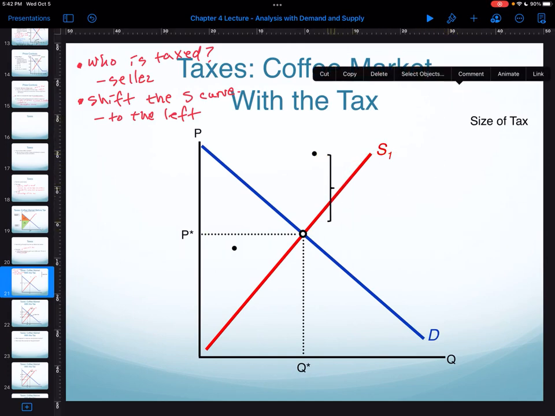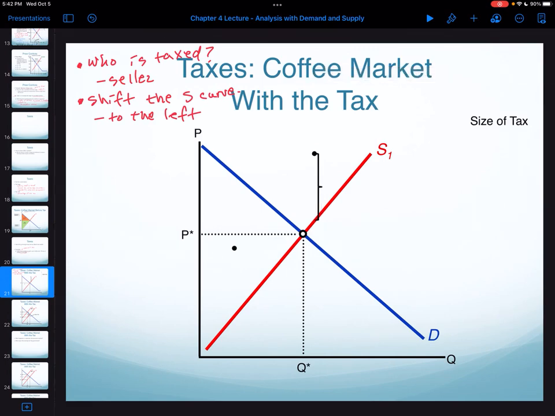So what you do is you put in a little dot that in terms of vertical distance is the size of the tax above your supply curve. So notice I've got those two dots there that both happen to be drawn so that the vertical distance between the dot and the supply curve is the size of the tax, okay? And again, this size of the tax is 70 cents, okay?